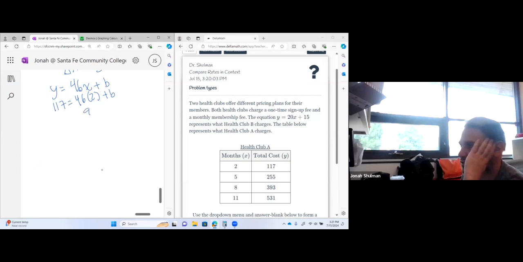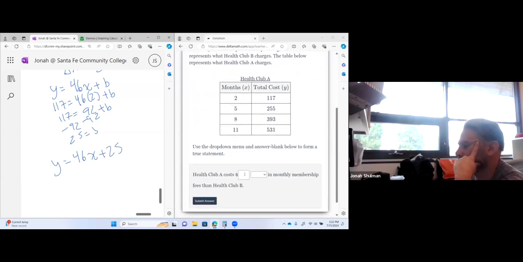So this is 92 plus b. So we have to subtract this on both sides. We know our final answer is 25. So y equals 46x plus 25. So this is one equation, that's the other. So Health Club A costs $25.